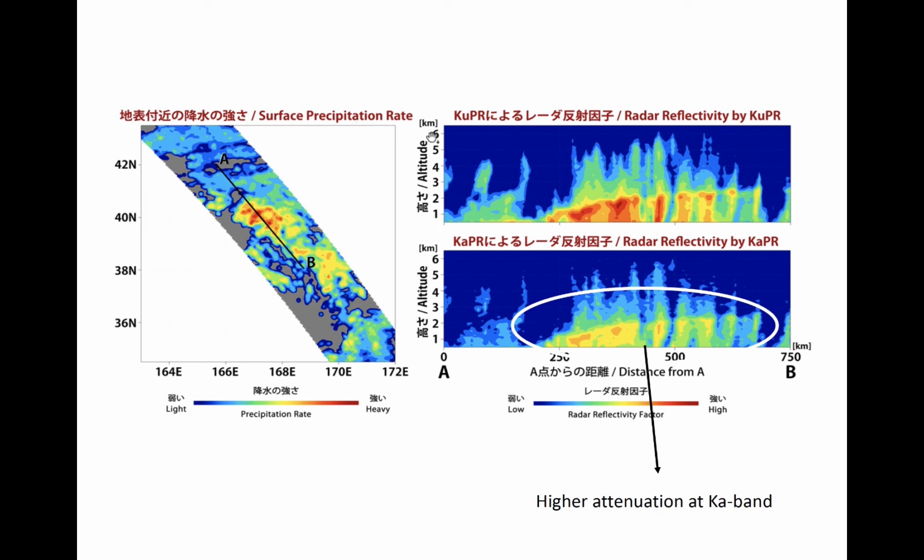We're looking at altitude on the y-axis and then cross-section length on the x-axis. Warmer colors denote higher reflectivity. Generally, the Ku band reflectivity is higher than the Ka band reflectivity because the Ka band beam is more heavily attenuated as it propagates downward through the atmosphere.